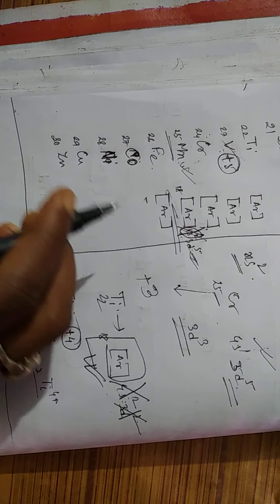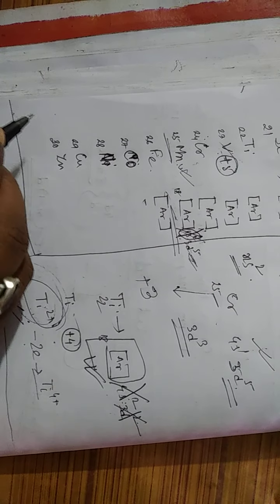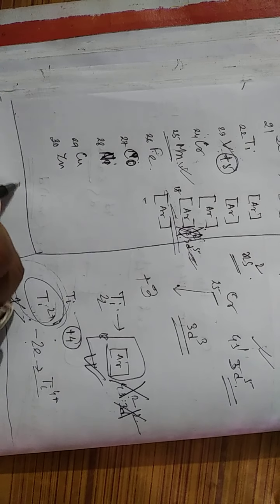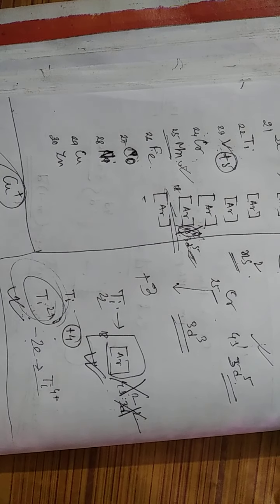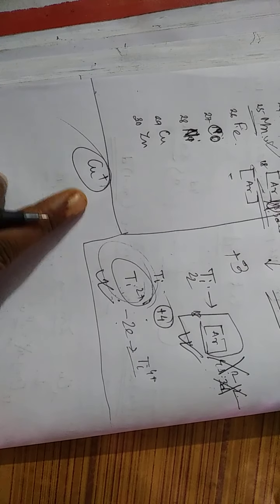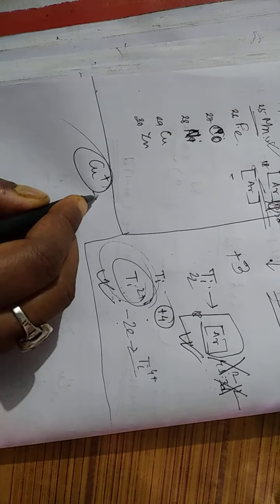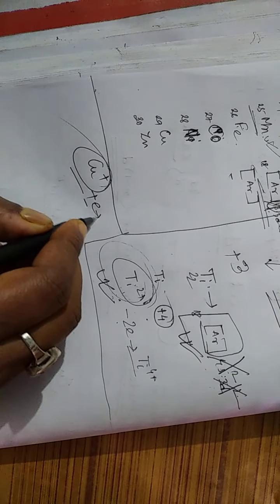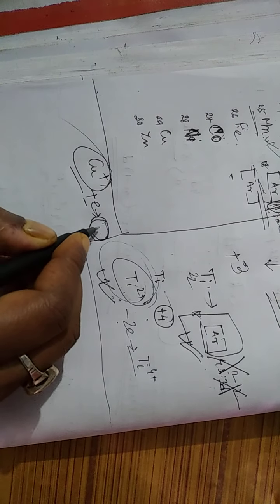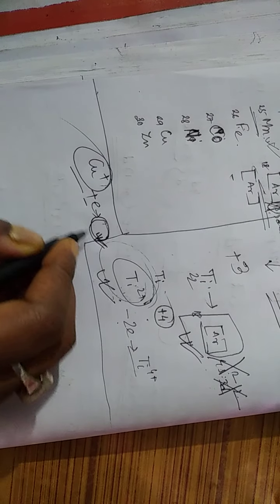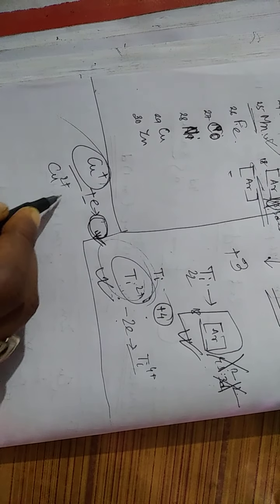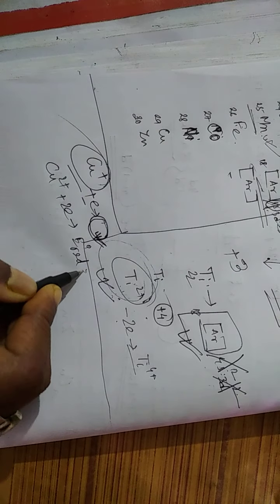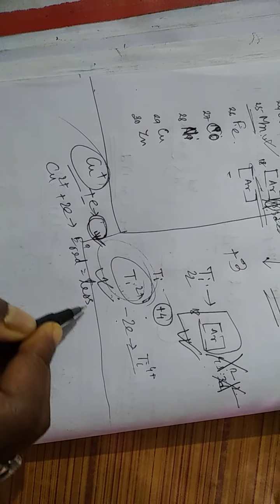Another question also comes about copper. I told you in the previous video about copper plus and copper 2 plus. If you check, the electronic configuration of copper plus is more stable than copper 2 plus. But if you consider the reduction potential, copper 2 plus, when reduced, has a larger reduction potential value, and copper plus, when reduced to copper, has a lesser value.